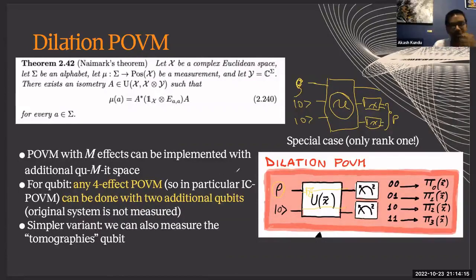So what I understand is that in previous methods, you needed the same number of ancillas as the dimension of the state, right? To reconstruct the POVM. But right now, when you measure the state itself, you need one less ancilla, right? Yes, because you always need 2 bits for a qubit.